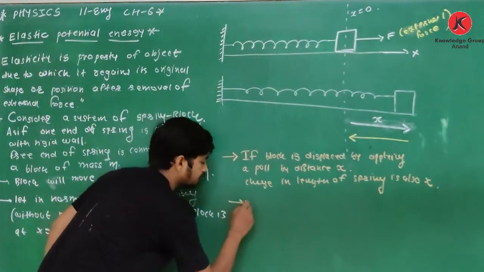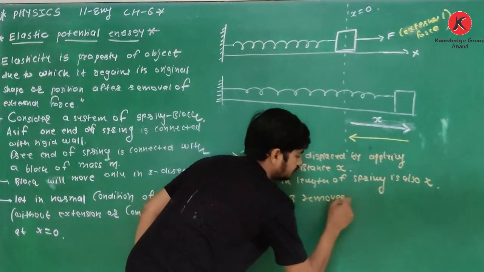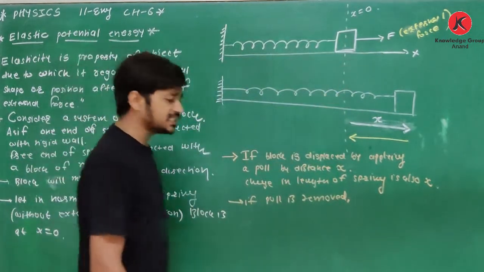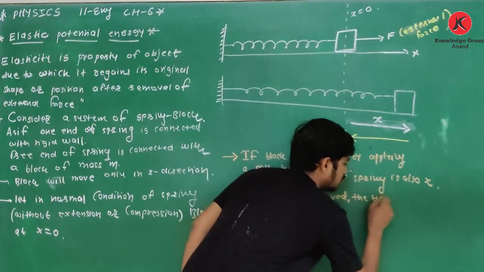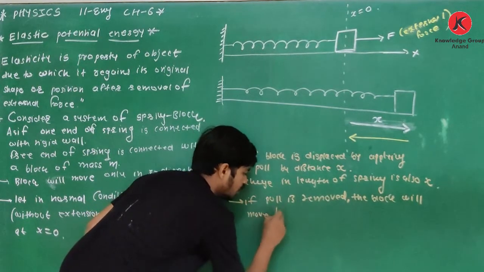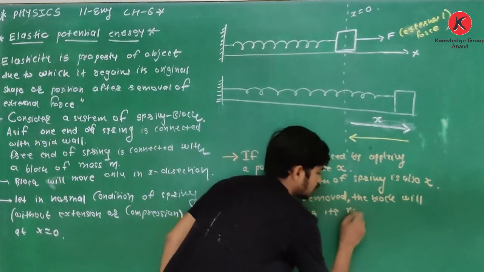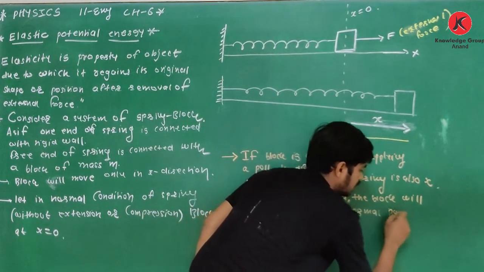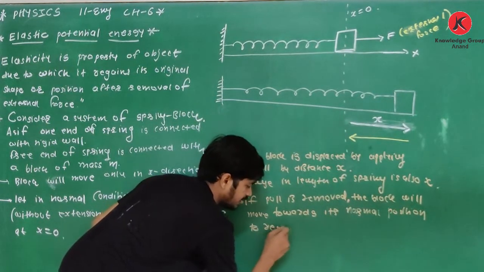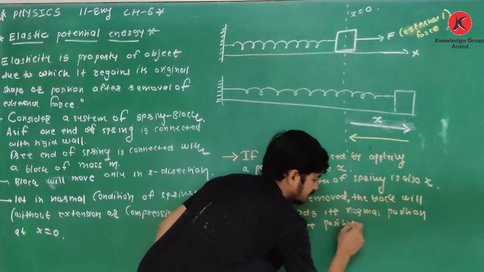And now if that pull is removed, meaning this external force is removed, the block will move towards its normal position, to regain its original position back.